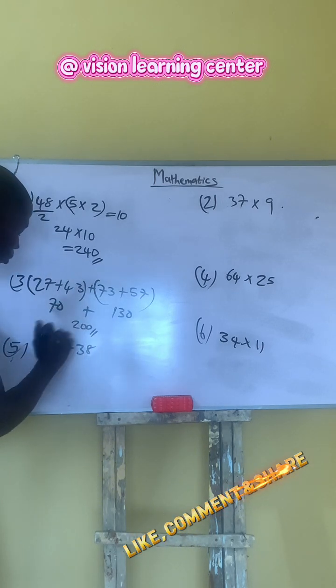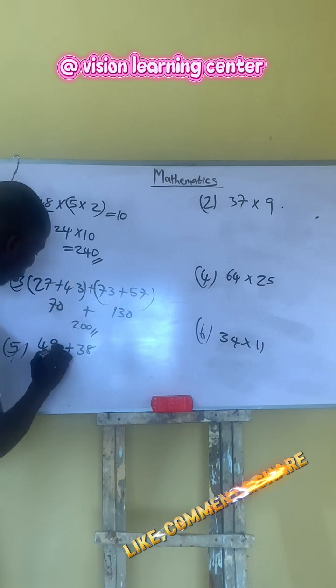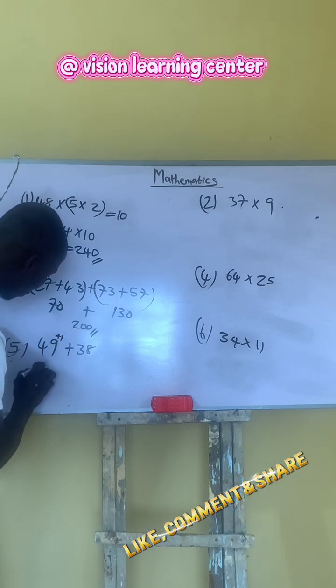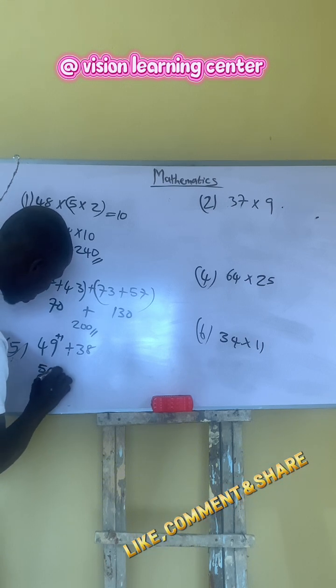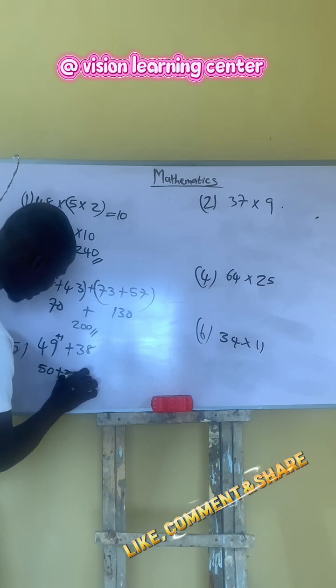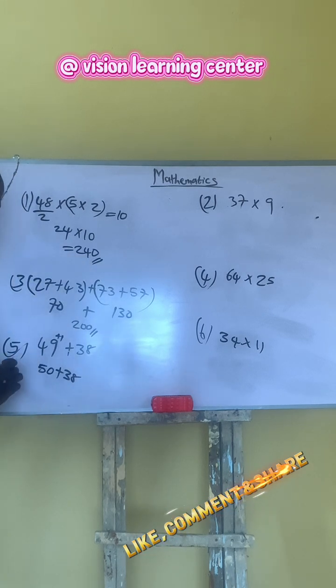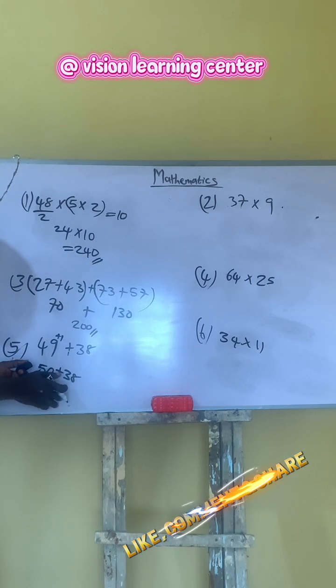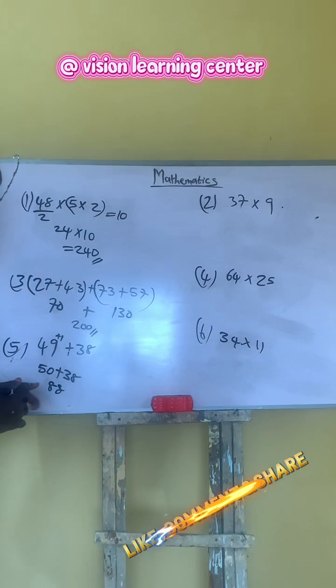To make it a round number, we add what? 1. If we add 1 to 49, it will give us 50. Then 50 plus 38 will give us 88.